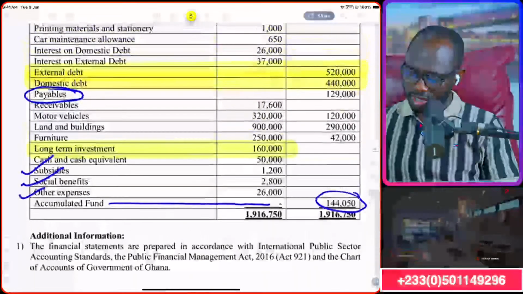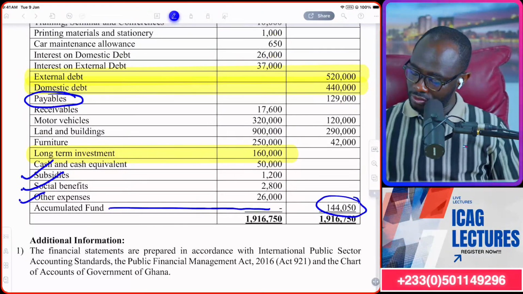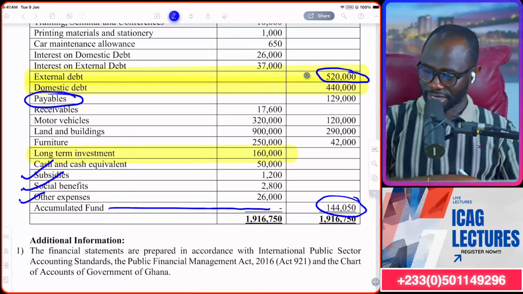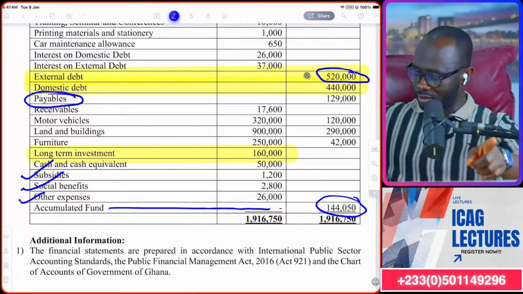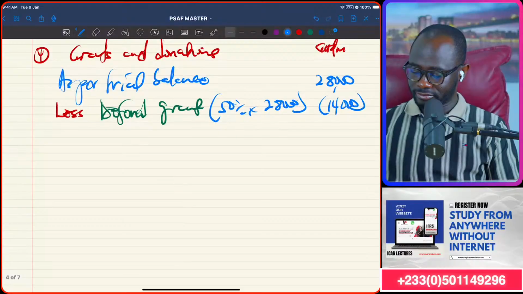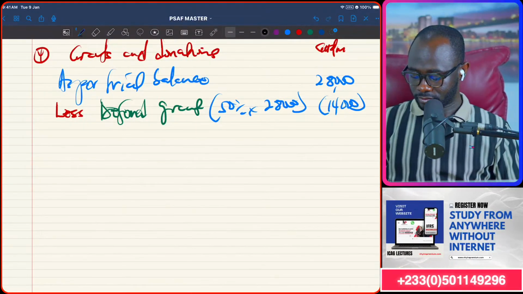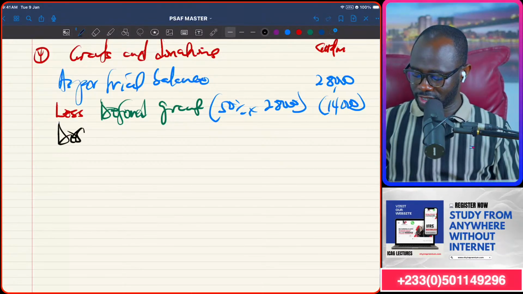In the trial balance, the external debt was 520,000, as you can see there. So they are forgiving us 40% of that. So we go to the grant and then we add that there. So debt forgiveness.